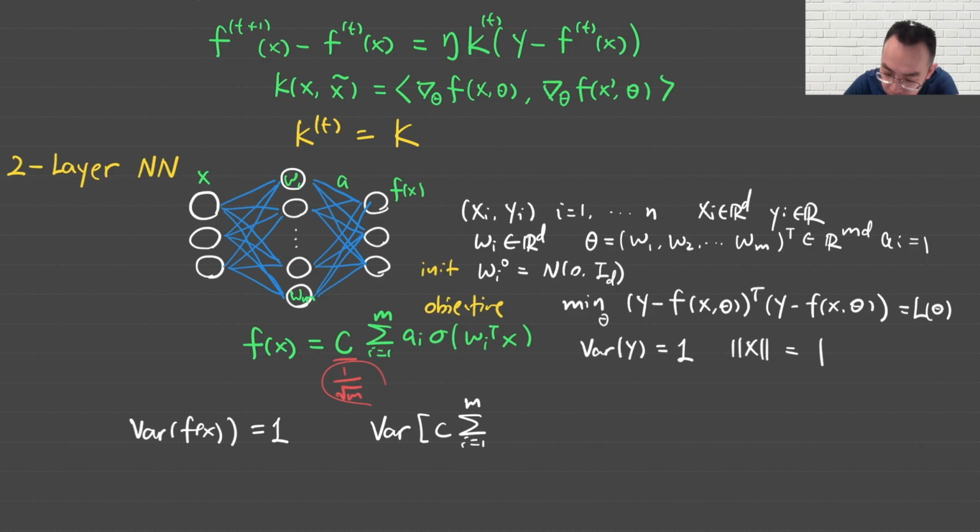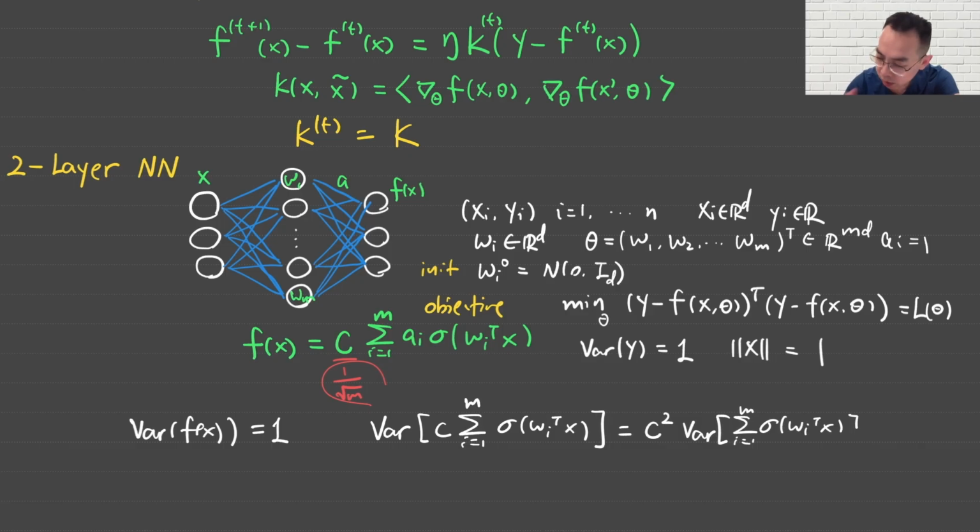Then we have the sigma, so that equals c squared times the variance. And you'll see here, because each neuron is independent during the initialization, we can write it out as c squared and then the sum of the variance of sigma.